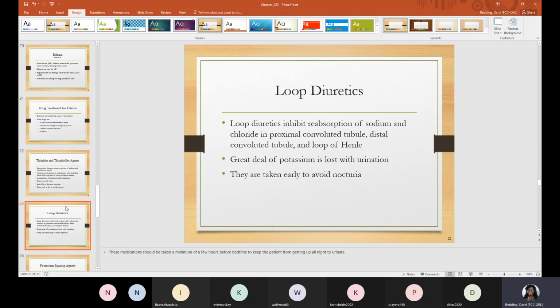And so it's important that the diuretics are taken early to avoid nocturia. Again, nocturia means they're going to frequently be in the bathroom during the night. So it's always important that this information, especially if it's on an auxiliary label, will be placed to remind the person, take this during the day.